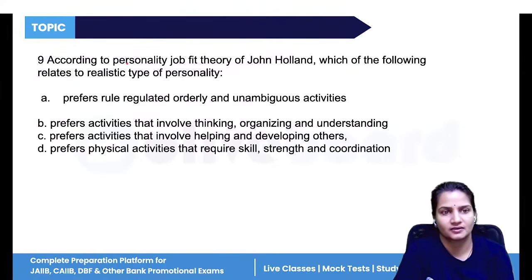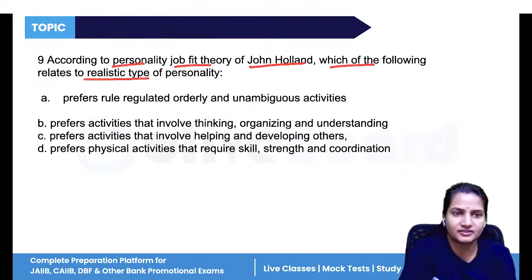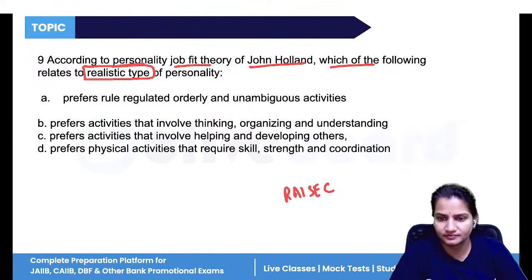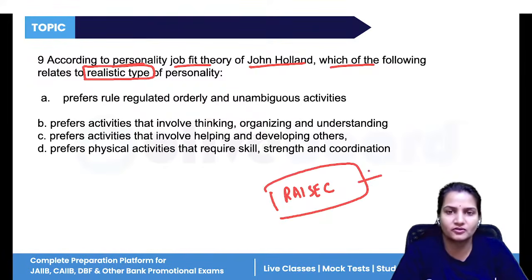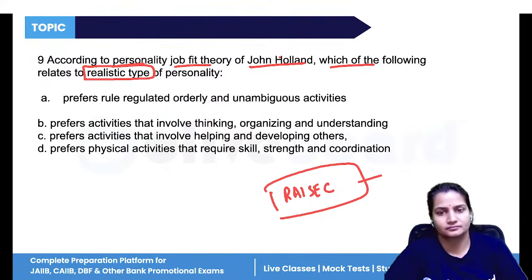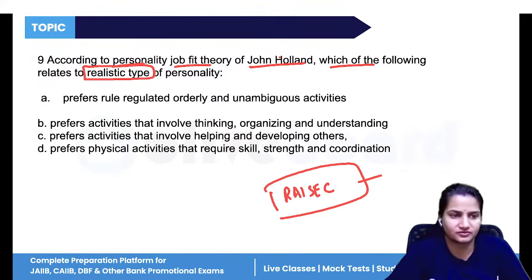Now, according to the personality job fit theory of John Holland, which of the following relates to the realistic type of personality? So what was the mnemonic? RAISEC. This was the mnemonic for learning the Holland theory. So what does the realistic type of personality show?